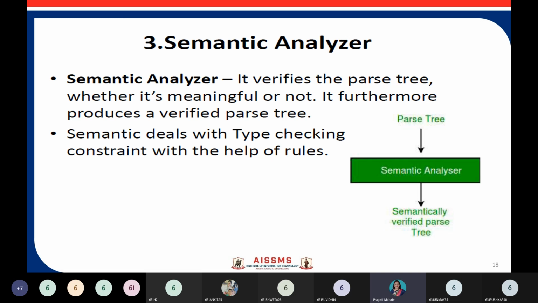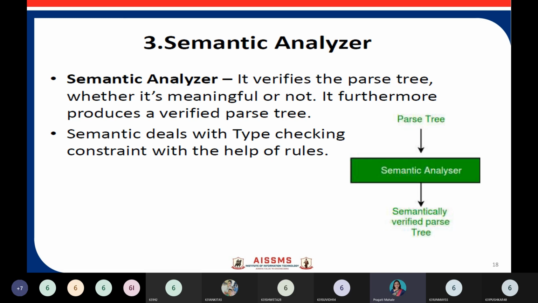The input to this phase is nothing but the syntax tree or the parse tree, which is generated as an output of syntax analysis, right? So that becomes the input for the semantic analyzer, and the output is nothing but the semantically verified parse tree.